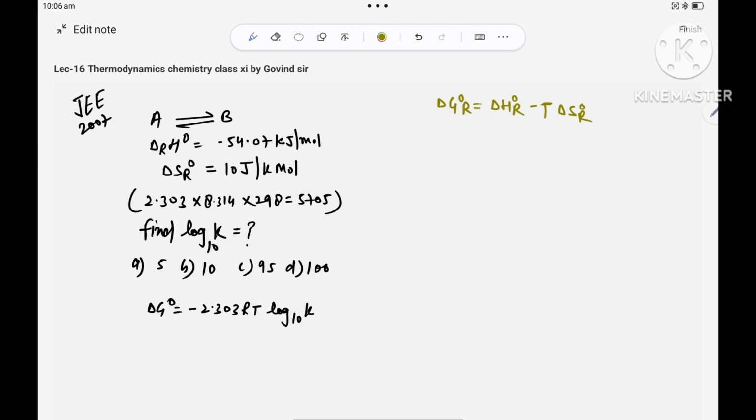Temperature 298 is given here somewhere. So here it will be minus 54.07 minus 298 into 10.